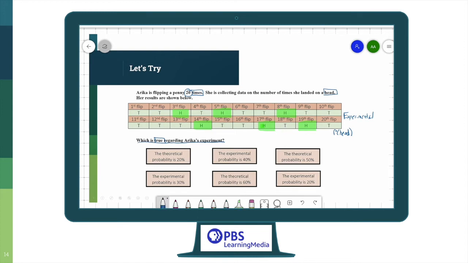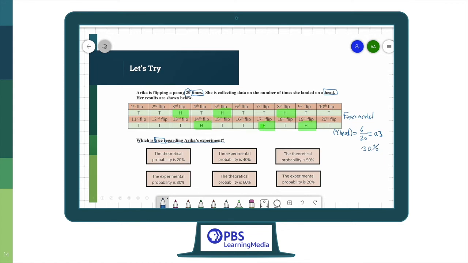So we have 6 heads. That'd be our 6 favorable outcomes out of our total number of trials, and we have 20 trials. So 6 divided by 20 gives us 3/10, and 3/10 times 100 gives us 30%. So our experimental probability of landing on a head based on Erica's experiment is 30%.